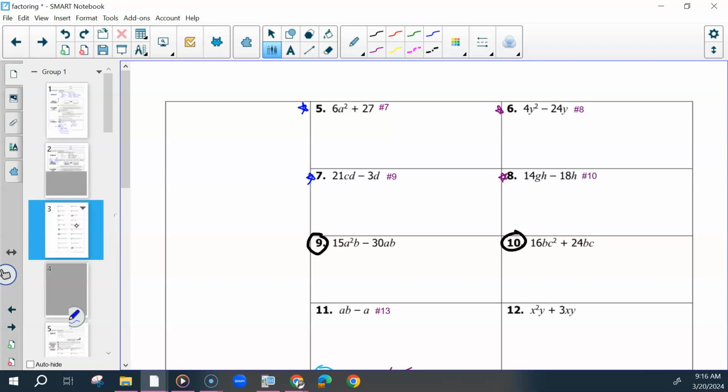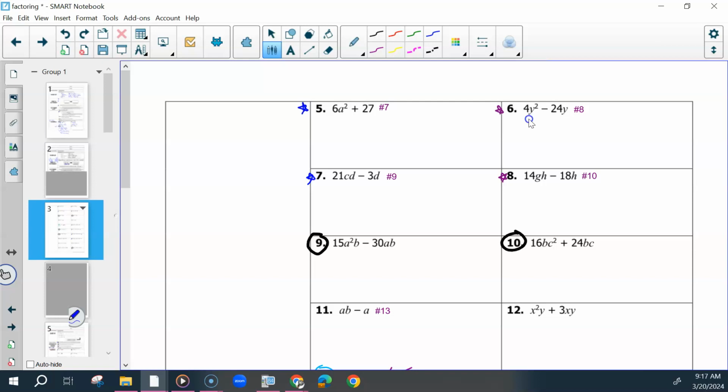Okay, let's look at 6. What is the highest number we can divide out of both of those? What did you say? 4. And then do they have anything else in common? The variable. How many y's could we divide out of both? Just 1. Because this one doesn't have y squared, I couldn't take 2 out of 1.